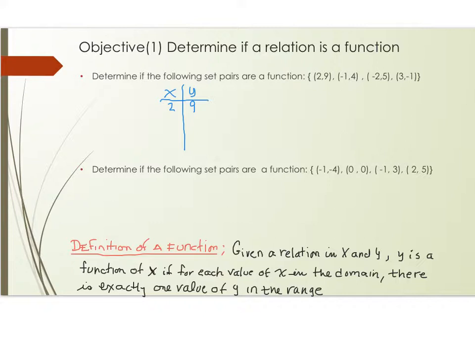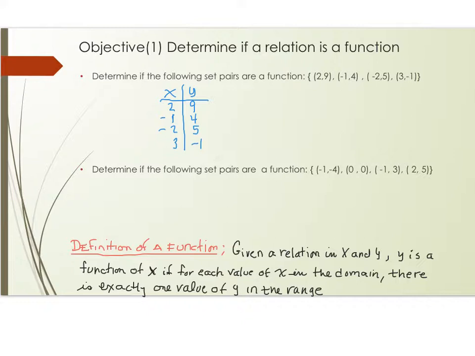I have a minus 1, 4. I have a minus 2, 5. And I have a 3, comma, negative 1.